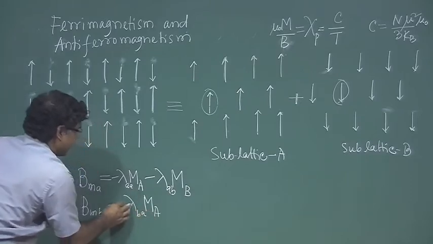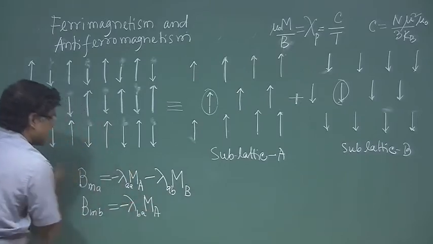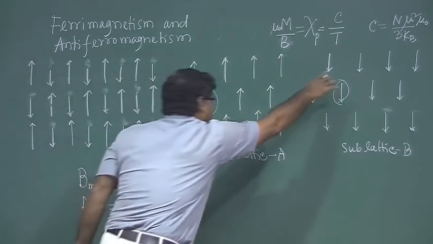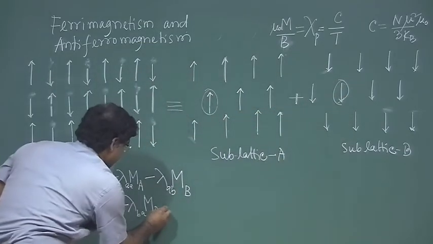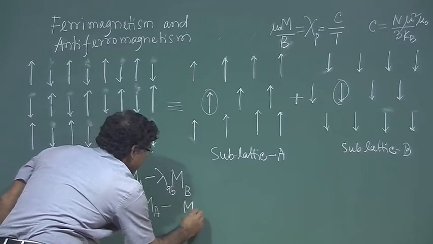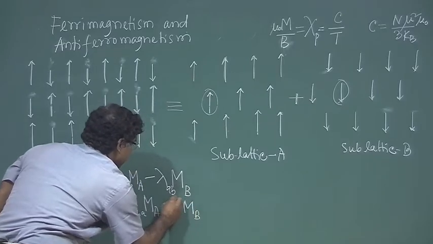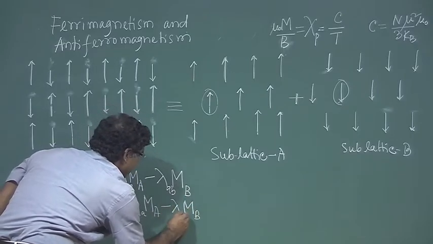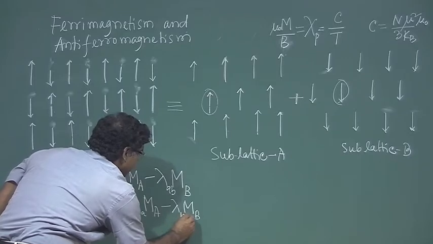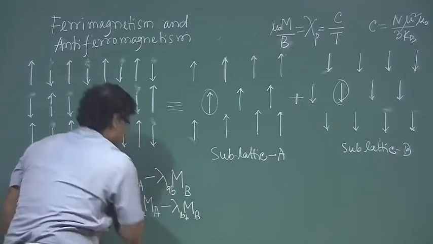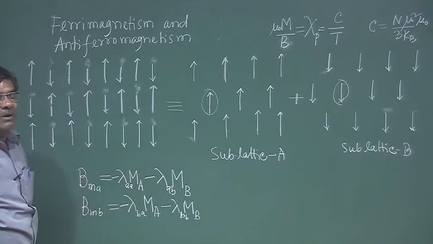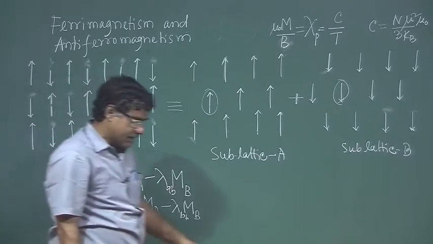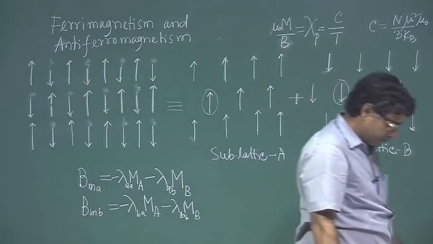So, I am writing lambda B A, so negative sign, and then from B side on B. So, M B proportional to M B, and that I can write lambda B B. Okay. So, that will be the molecular field on A side and B side.